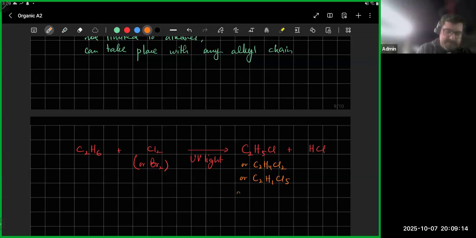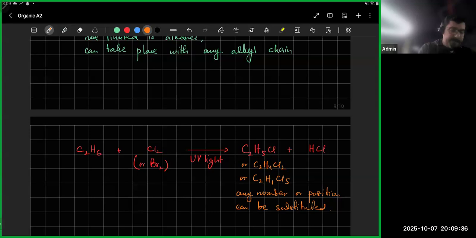So any number or position can be substituted because you're going to get multiple compounds. The trouble with that is it's a reaction which has very low yield, because it's completely random.